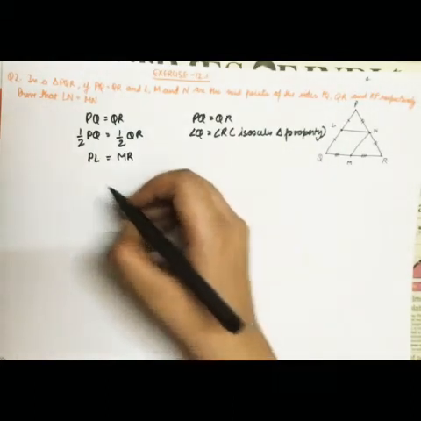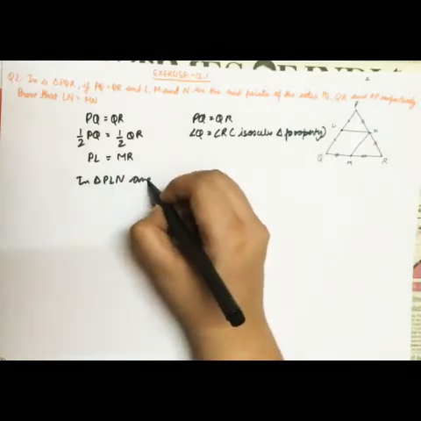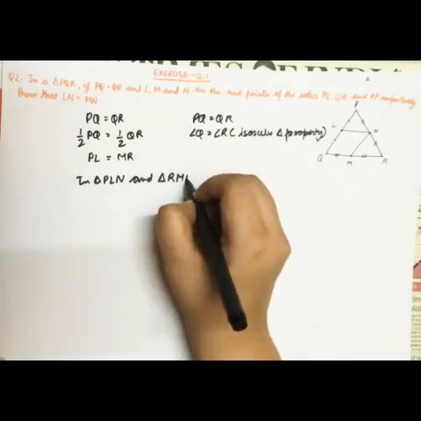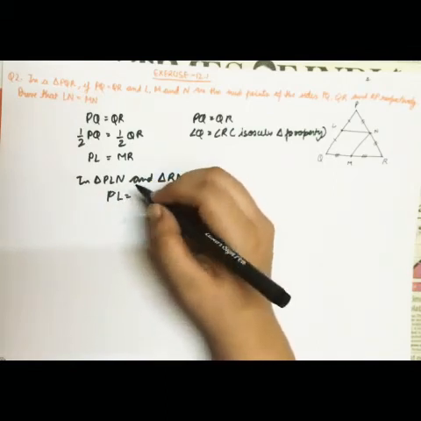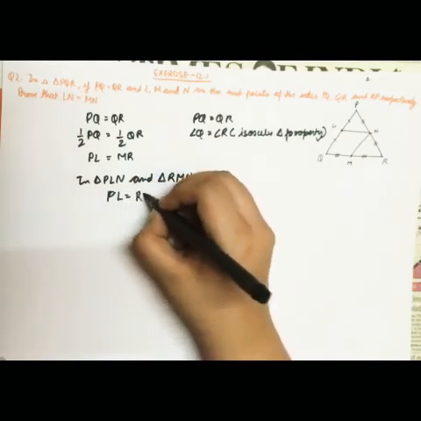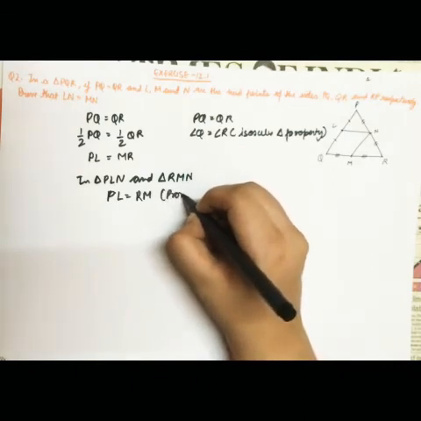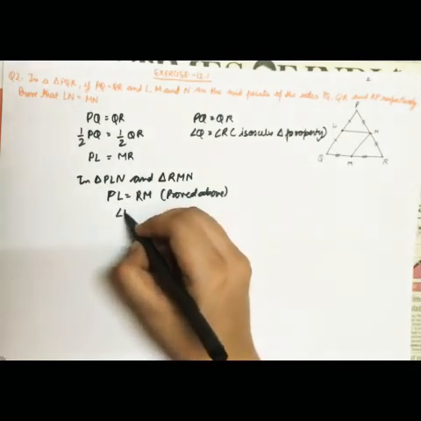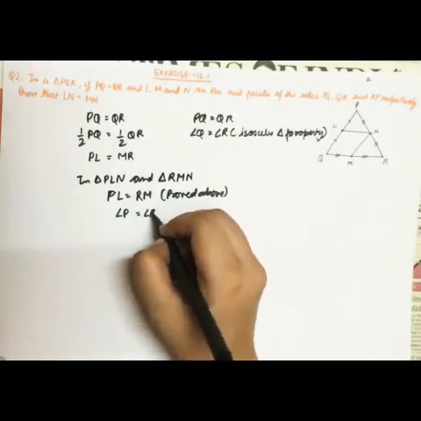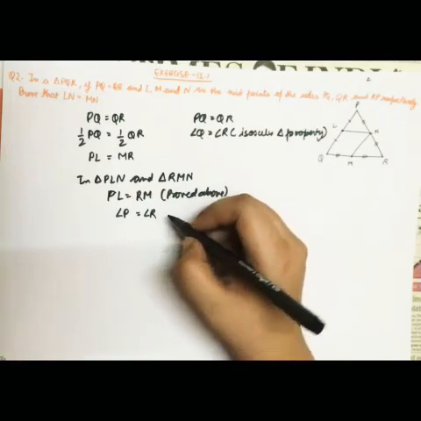So now in triangle PLN and triangle RMN, we can say that PL is equal to RM. We have proved this above. Similarly, angle P is equal to angle R. We have proved this above.